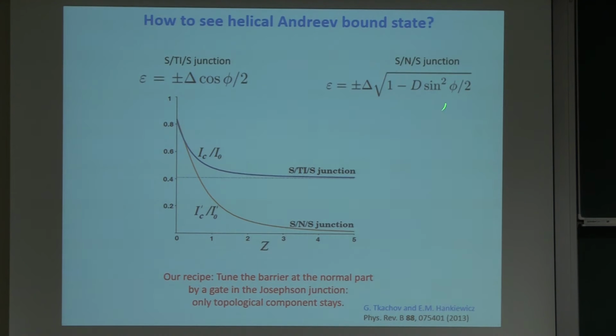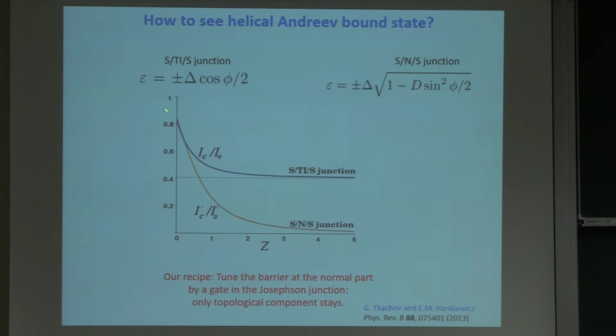As you can see, this is the energy dispersion, giving me plus minus delta cosine phi over 2, where phi is the phase difference between superconductors. On the other side, we can see what happens for the ballistic junctions, where D is the transparency of the junction. If this junction is completely transparent and the transparency is equal to 1, then these two formulas are equivalent to each other.